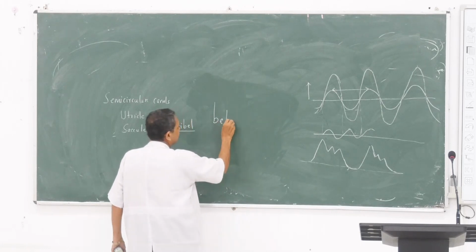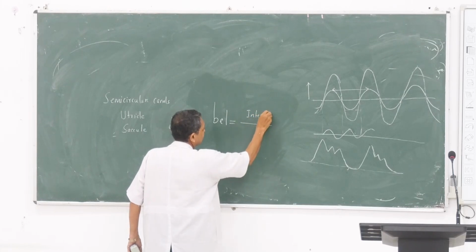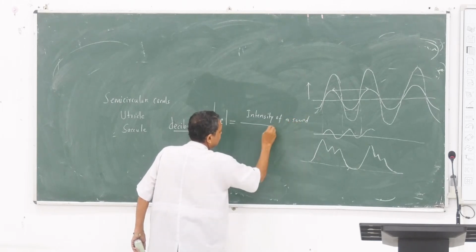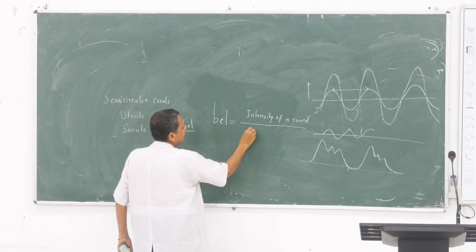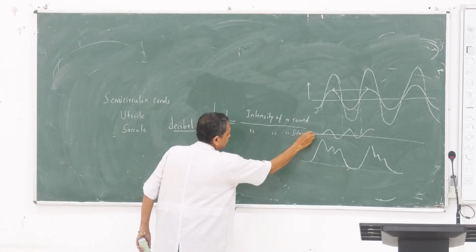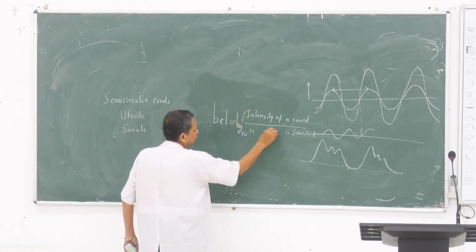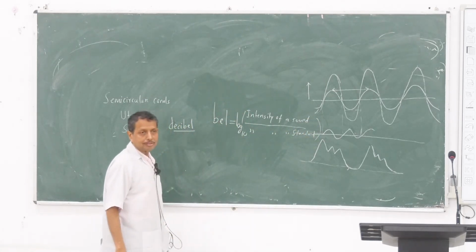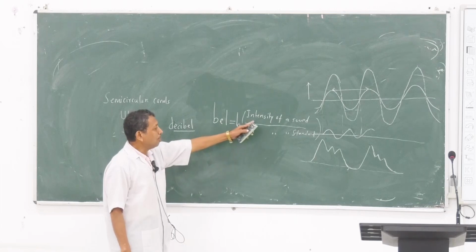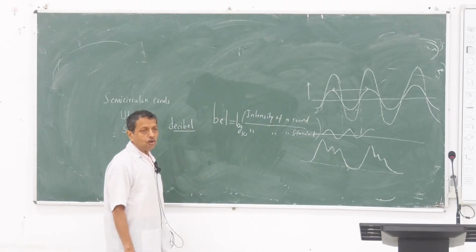Bell is equal to the intensity of the sound divided by the intensity of the standard sound, and there is a formula. It is the comparison between the intensity of any sound and the standard sound, that is, the logarithm of this value.